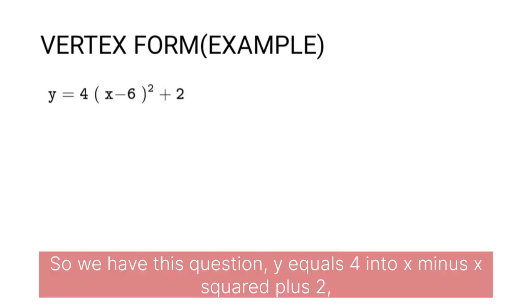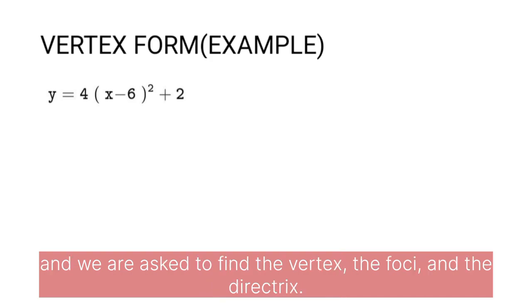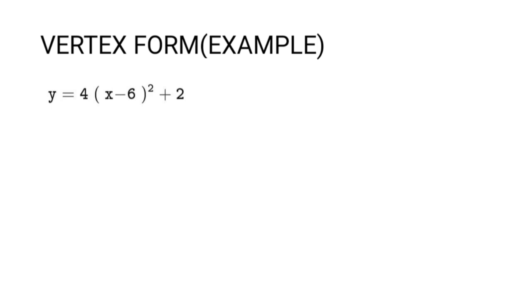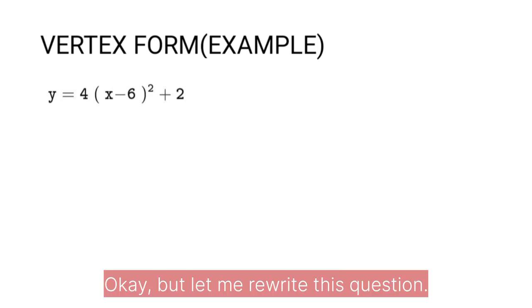So we have this question: y equals 4 into (x minus 6) squared plus 2, and we are asked to find the vertex, the focus, and the directrix. Let me rewrite this question.